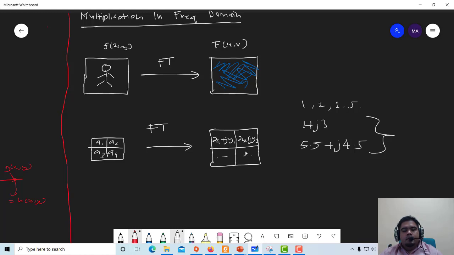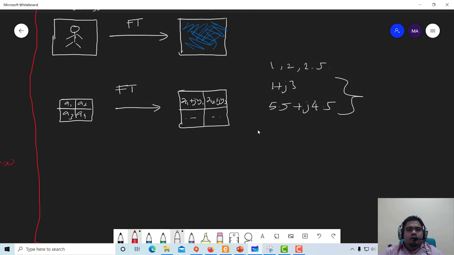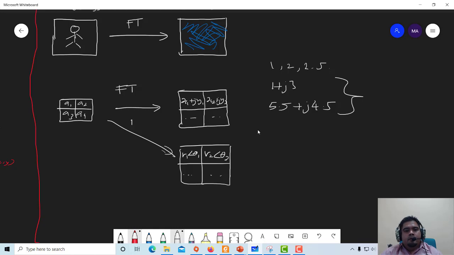Of course, this is in Cartesian coordinates. You can also change it into polar coordinates. In complex numbers it's similar: r1 theta 1, then r2 theta 2, and so on. That's what happens when you apply the Fourier transform.